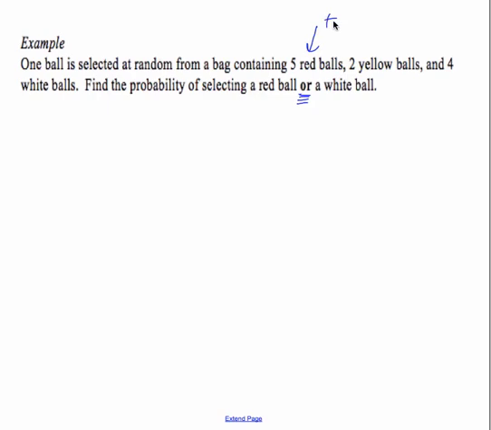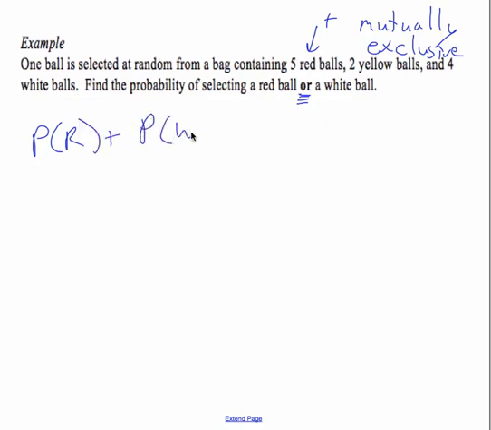That means we don't have to worry about any tricky business here. All we have to do is add the probability of red plus the probability of white. So the probability of getting a red one is 5 out of, and the total is 11. And the probability of getting a white one is 4 out of 11. So the total probability is 9 out of 11.